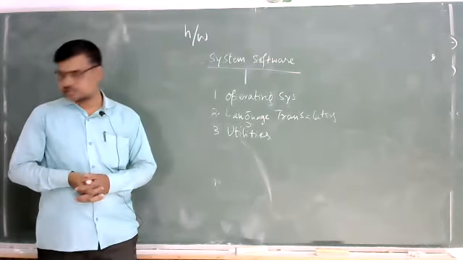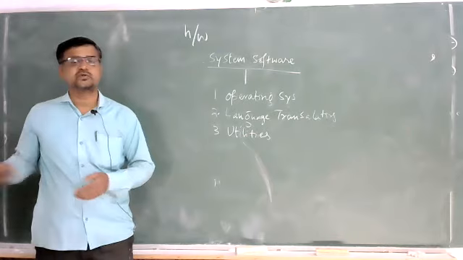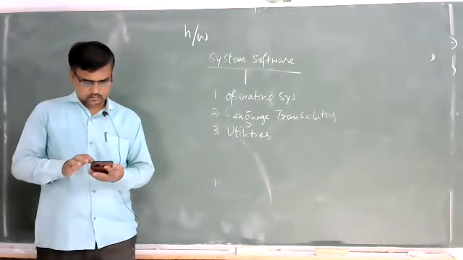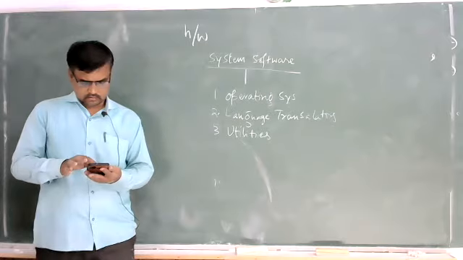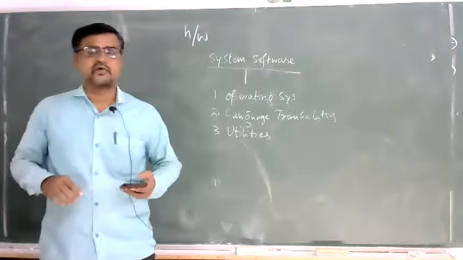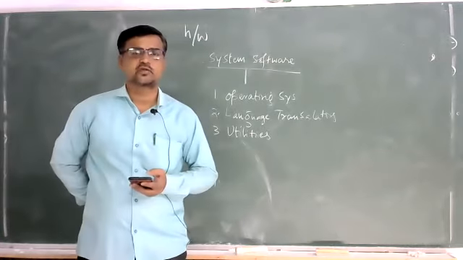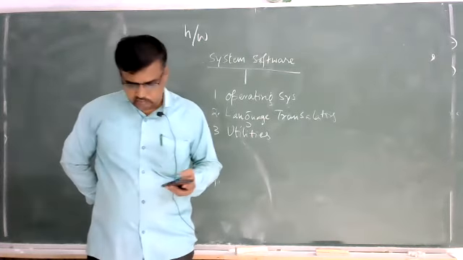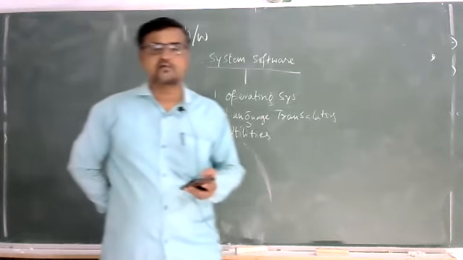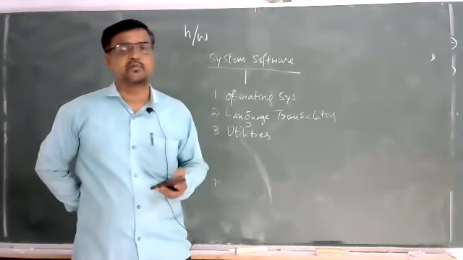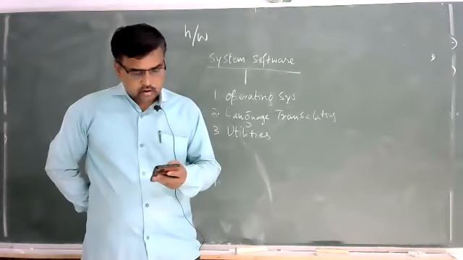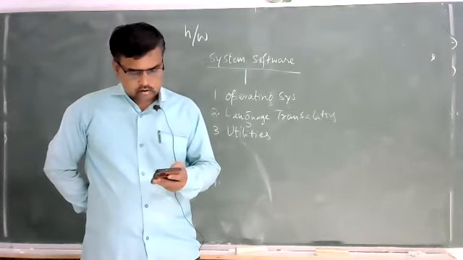So, an operating system is a system software which interlinks between man and the machine. What does it do? It provides a user-friendly interface, so that whenever a new user starts working with it, he can understand it very clearly and operate it.